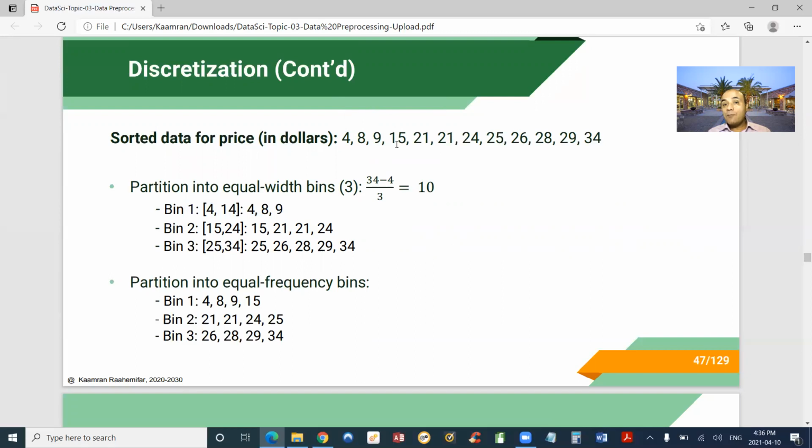Then the next starting point is going to be 15, right after 14. It may be part of your data set, or it may not be, but it doesn't matter. 15 becomes the initial point of the second bin, plus 10, 25. Anything from 15 up to 24 is going to be here.